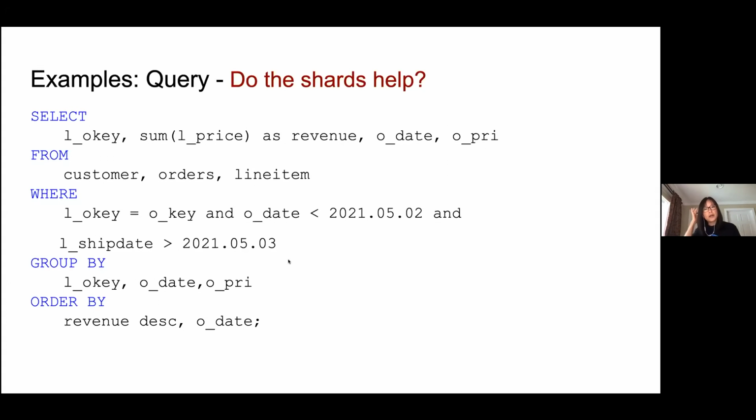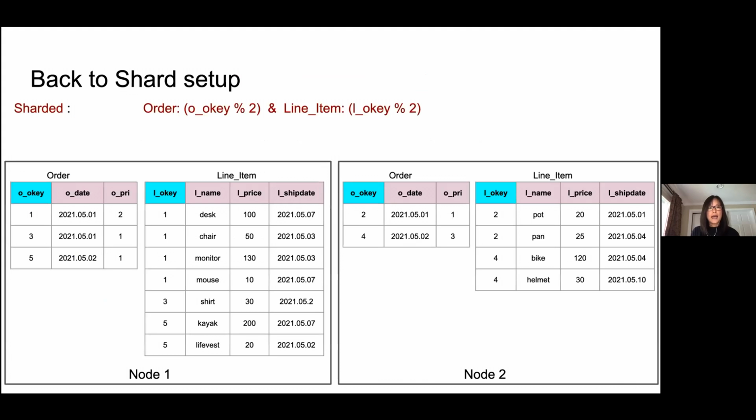So with this query, I ask myself: does the setup we did before, the way we shard the data, have an impact on this kind of query? In order to answer that, I want to go back to the setup we saw before. In this setup, we shard the data on order key for both tables. Just a reminder, the odd orders will be on node number 1, and the even orders will be on node number 2.